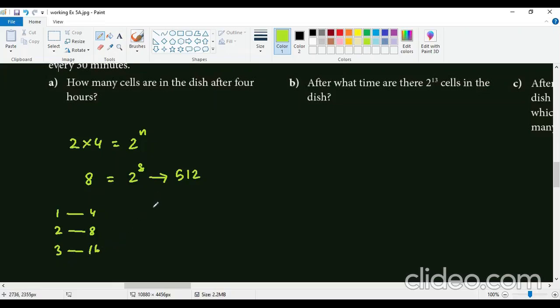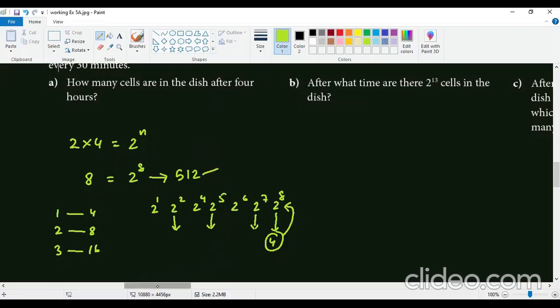In the first hour, 2 power 1, 2 power 2, 2 power 4, 2 power 5, 2 power 6, 2 power 7, and 2 power 8. Now look at this carefully. This was your first hour, second hour, third hour, and this one starting with the fourth hour. So in the fourth hour, it's going to be 2 power 8, which is 512.